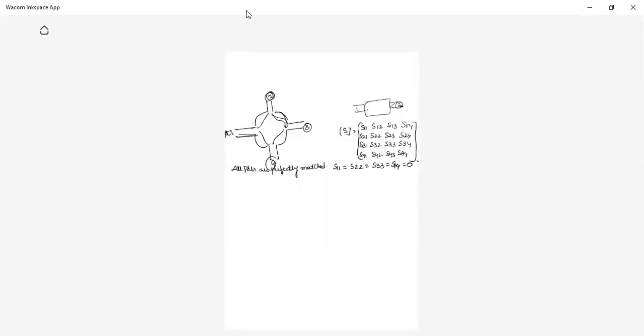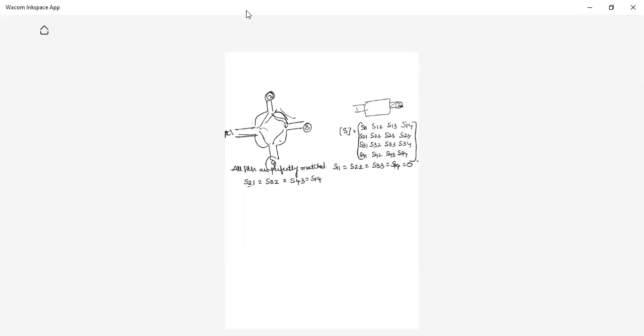Now, in a circular fashion, it is going. If the input is applied at port 1, you get it at port 2. If the input is applied at port 2, you observe it at port 3. If the input is applied at port 3, you observe it at port 4. If the input is applied at port 4, you observe it at port 1. So from the circulator operation, we can write S21 is equal to S32 is equal to S43 is equal to S14.